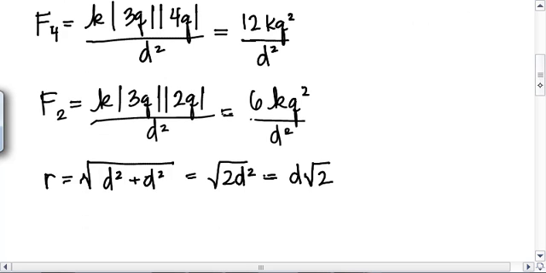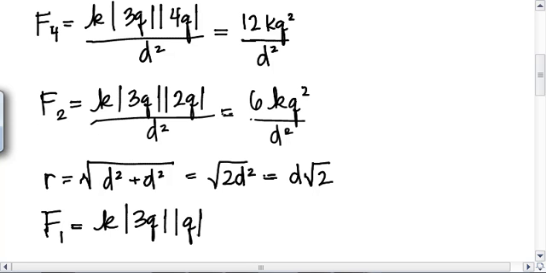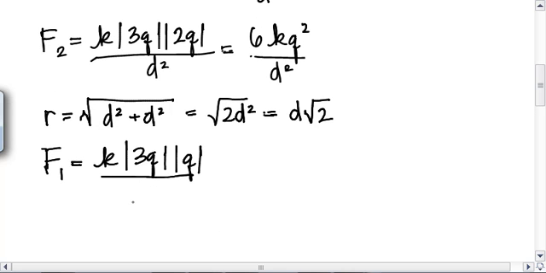Okay, so then F1 would be k q times 3q over, now your r is d root 2, side root 2, but it's all squared. Okay?